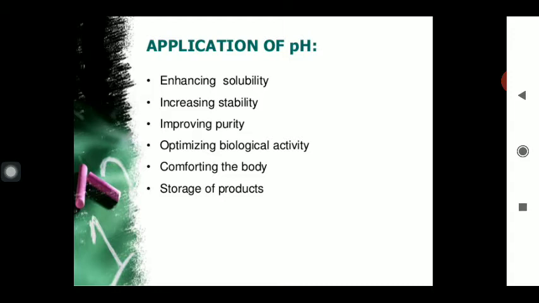The milkman adds some quantity of baking soda, which makes the nature of the milk partially alkaline, because acidic nature is responsible for the souring of milk.